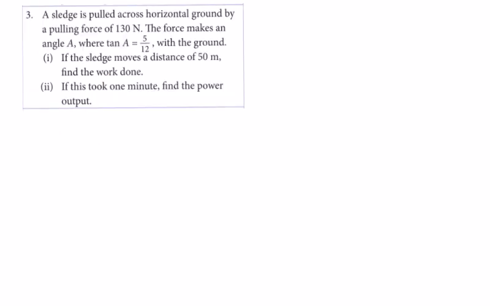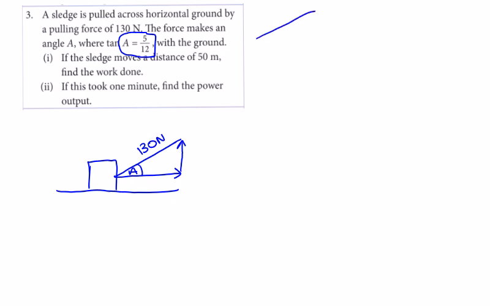So a sled is pulled across horizontal ground by a pulling force of 130, and the force makes an angle. So let's just do a quick little diagram here. My sled, my angle, and my horizontal force in this direction, vertical force, we have a force of 130 newtons, and we have A, tan A is 5/12.